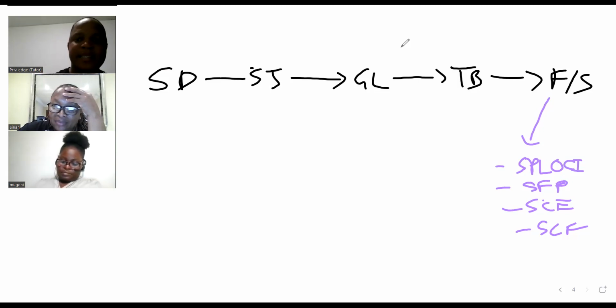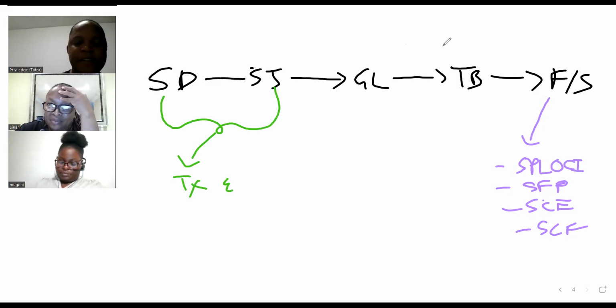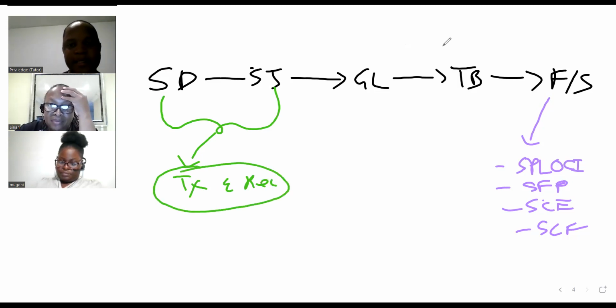But if I'm dealing with assertions of transactions and records, where is my focus in the accounting process? My focus is here. Whenever you see me writing TX, I'm simply referring to transactions. Whenever I'm dealing with transactions and records, my focus is between these 2 places.